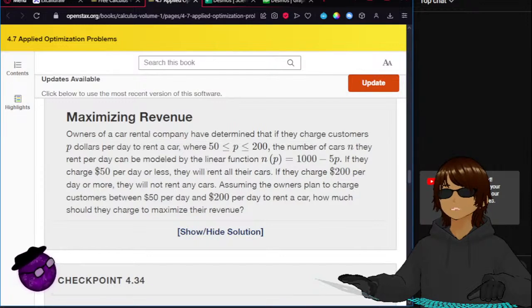The number of cars they rent per day can be modeled by the linear function.